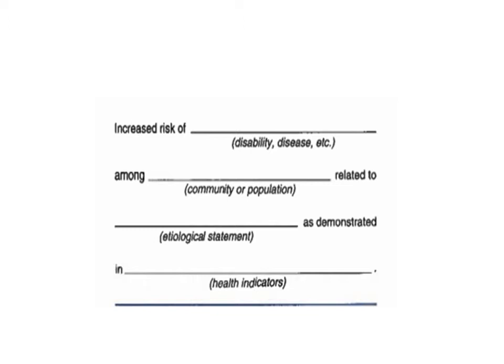If you have a community with an increased risk of whatever disease, I'm going to use diabetes as an example: increased risk of diabetes amongst the population in ABC community related to increased percent of the population with obesity as demonstrated in whatever percentage of obesity is present in that community. So you can take that same information and plug that in.